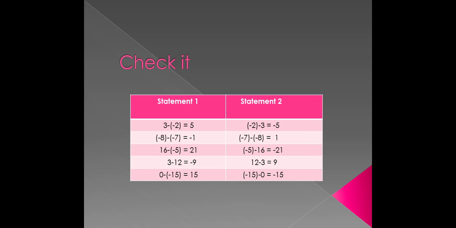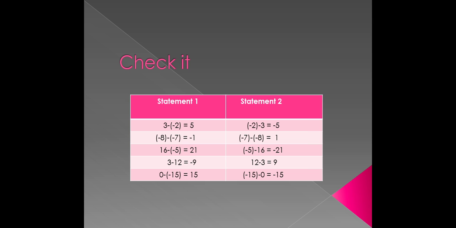Okay, now if you check it carefully, 3 minus minus 2 equals 5, and minus 2 minus 3 is equal to minus 5. Minus 8 minus minus 7 equals minus 1. Minus 7 minus minus 8 equals 1. So basically in statements 1 and 2, if we change the order of the integers, we are not getting the same values in all the cases.